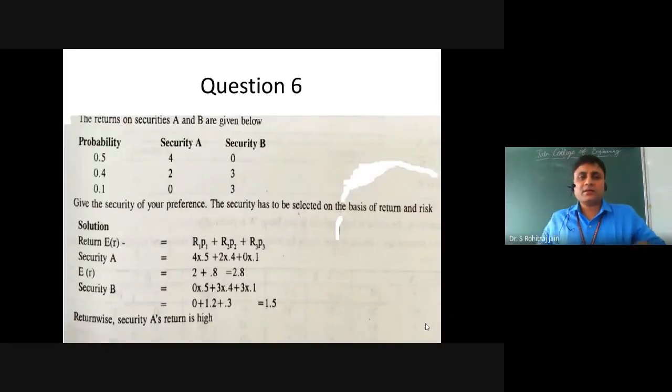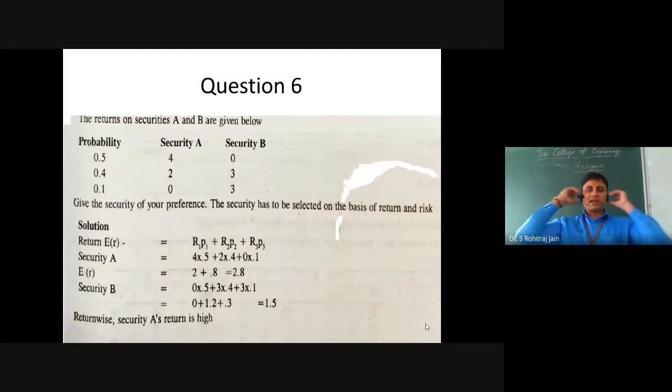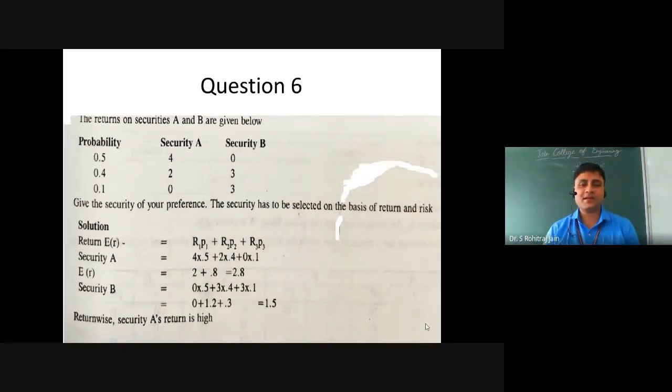See, question number 6, I'll once again repeat. The returns on securities A and B are given below. You need to calculate the expected return of each security, as well as the variance and the standard deviation. First, expected return is equal to R1 P1 plus R2 P2 plus R3 P3.